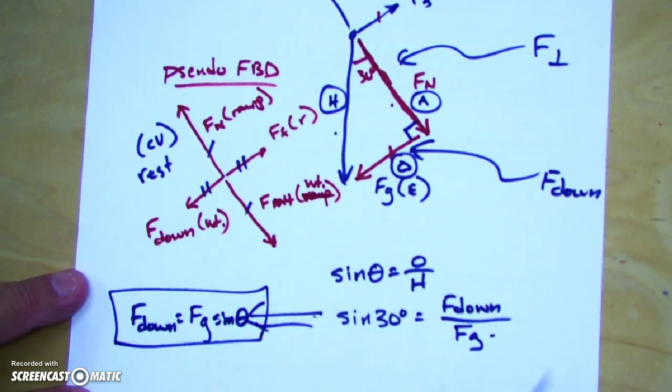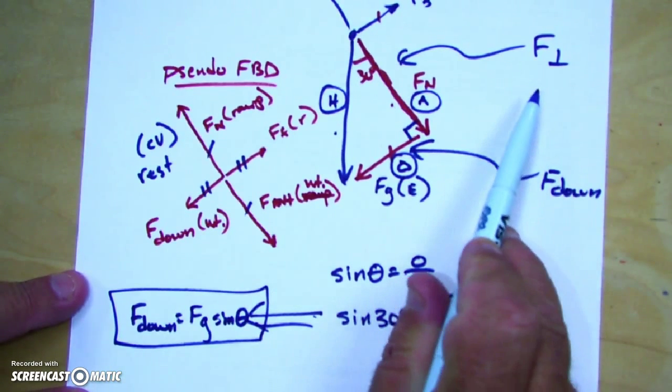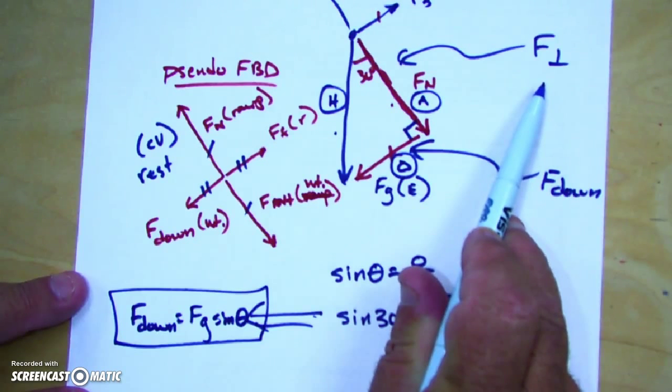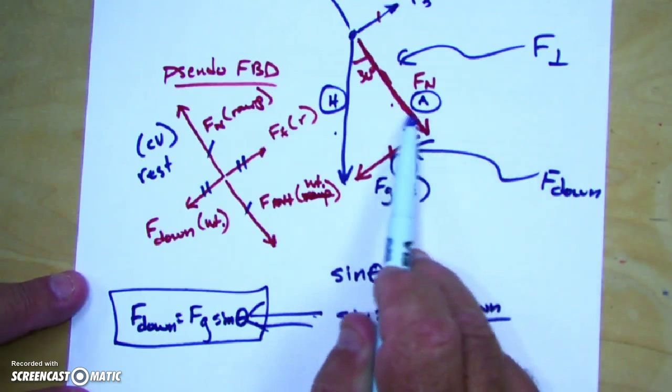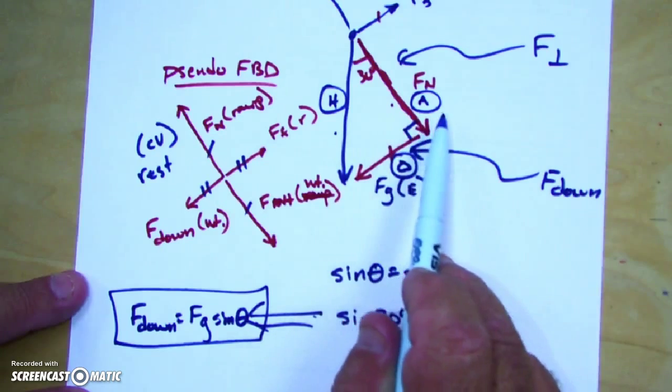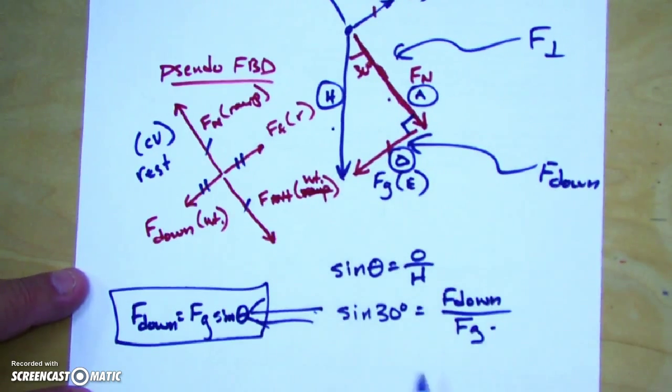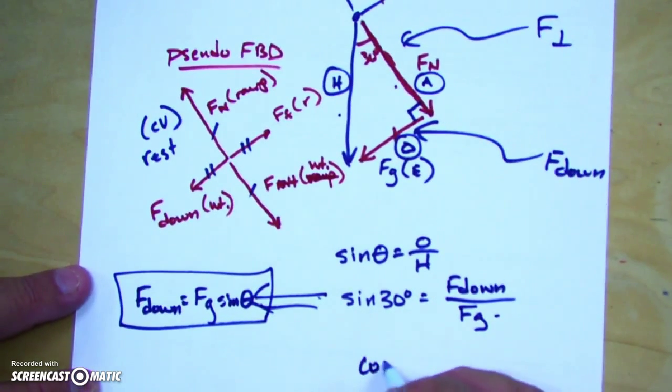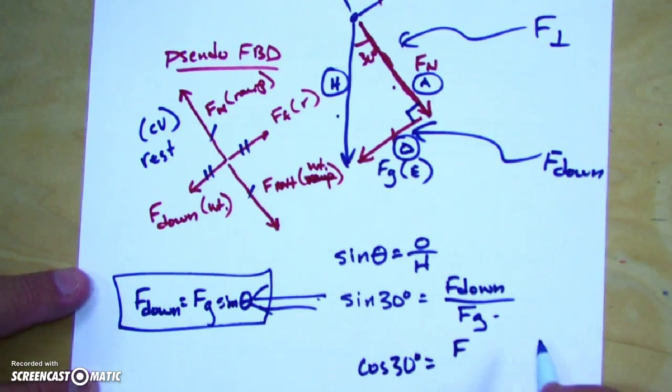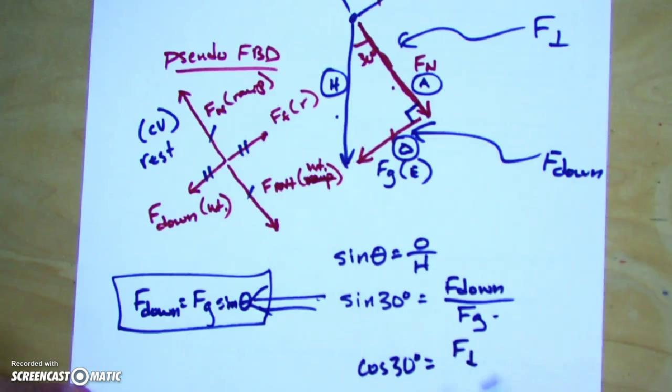Well, let's do the same thing with the perpendicular side. Now the perpendicular side turns out to be the adjacent, and adjacent over hypotenuse, so CAH, that's cosine. So I say the cosine of 30 degrees is equal to F perpendicular divided by FG.